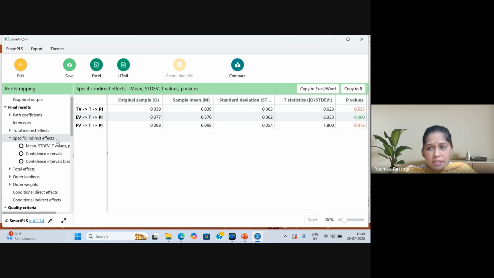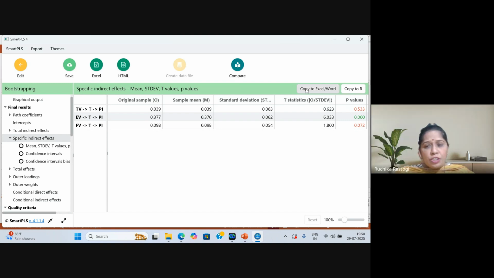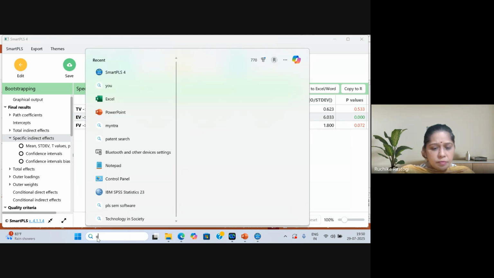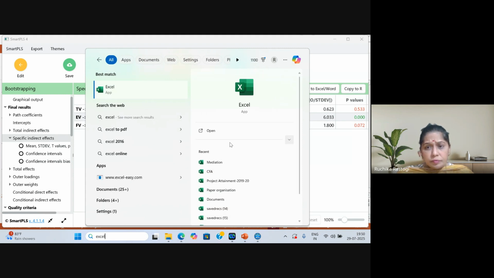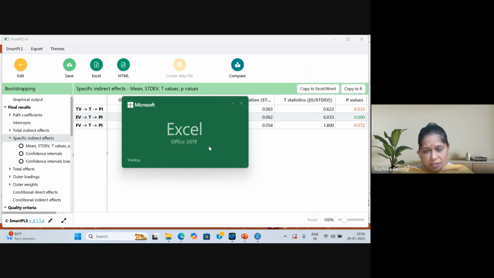Is this table coming to you? Just to make you understand what I'm doing, I'm copying this data to an Excel sheet. Please see this first, and if you are not able to understand, I will repeat it.